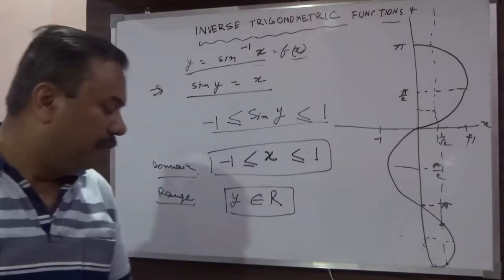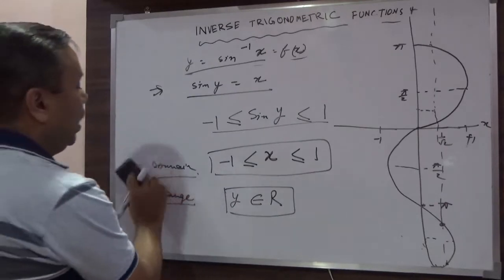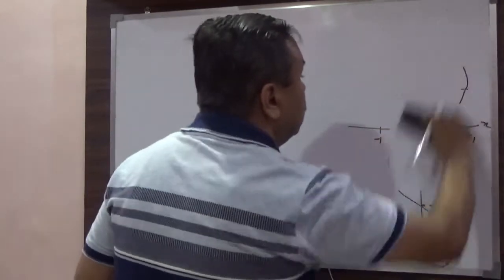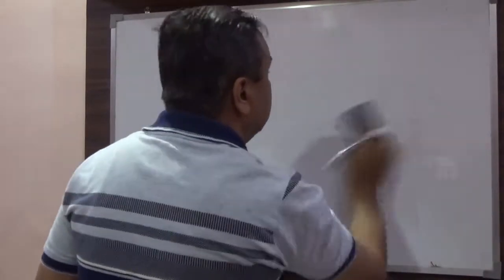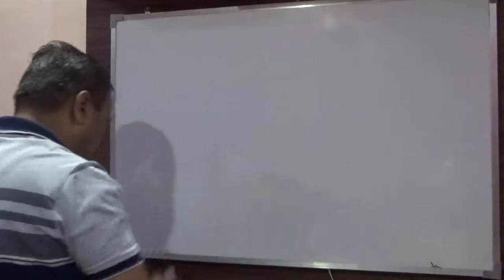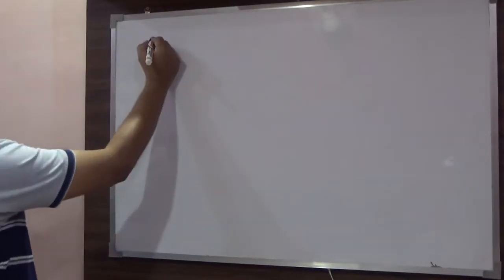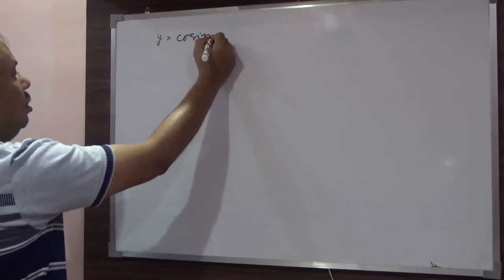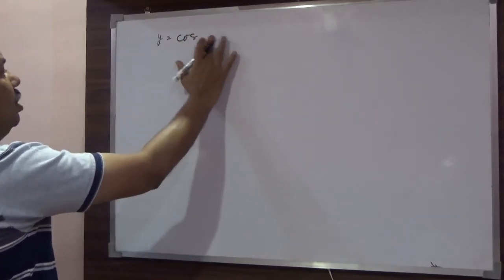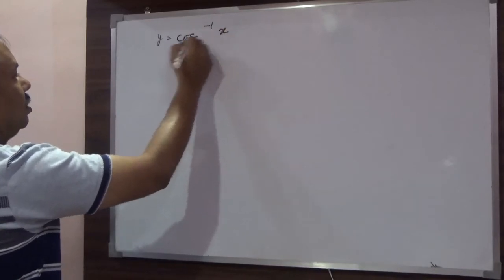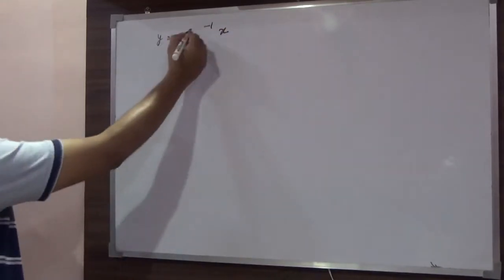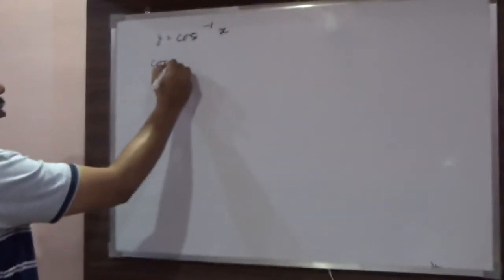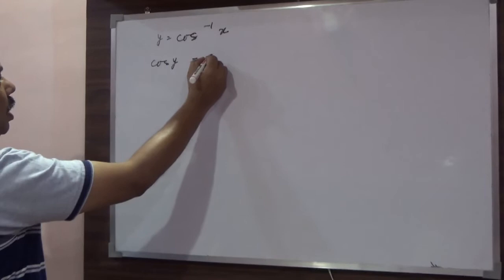So for cosine, suppose I am given y is equal to cos inverse of x. What will this mean? This will mean cos of y is equal to x.